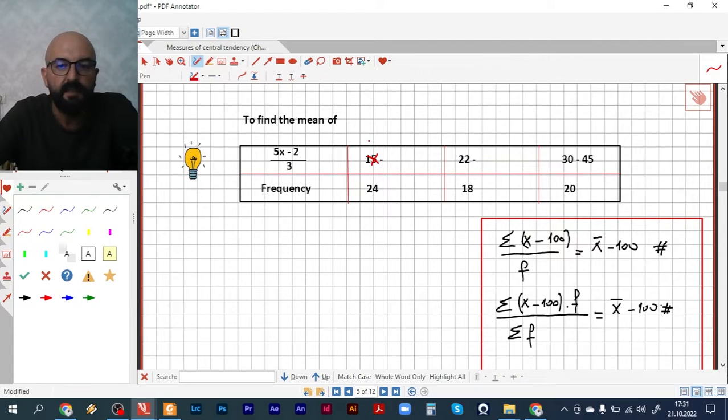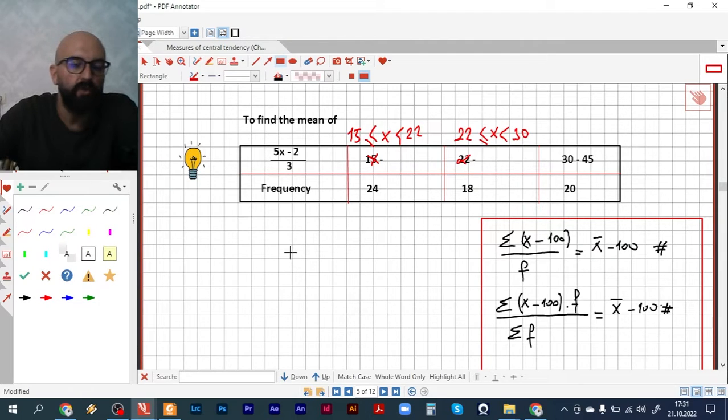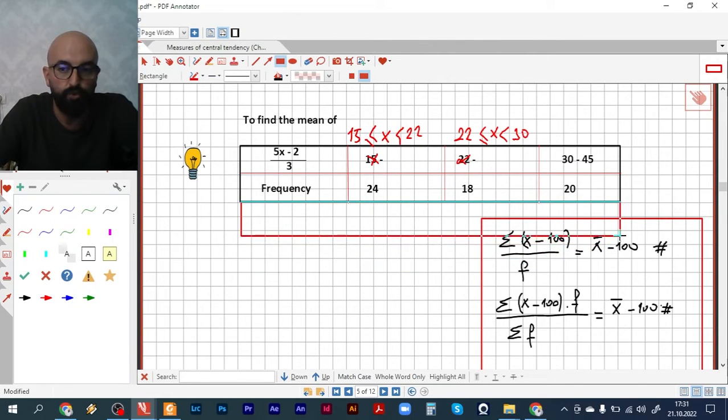It means x greater than or equal to 15 and less than 22, x greater than or equal to 22 and less than 30. And please remember that if you have grouped data, for finding the mean you should use class mid values.